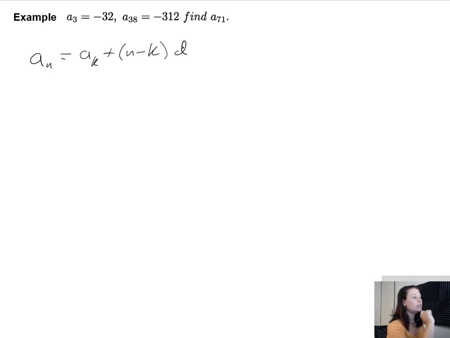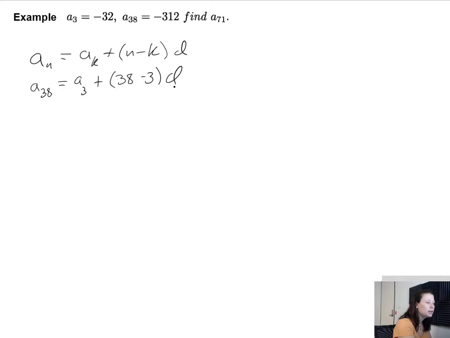Well, we know a3 and a38, so let's use that. a38 equals a3 plus 38 minus 3 times d. So that means we have negative 312 is equal to negative 32 plus 38 minus 3, which is 35d.